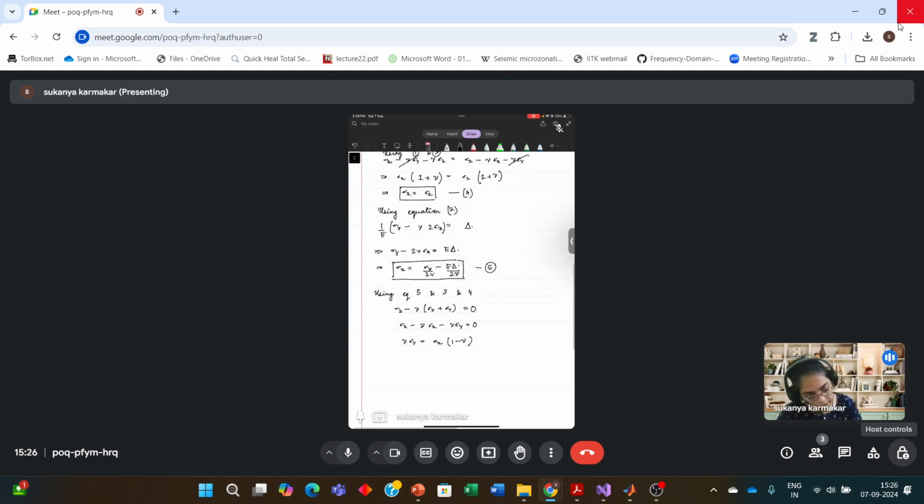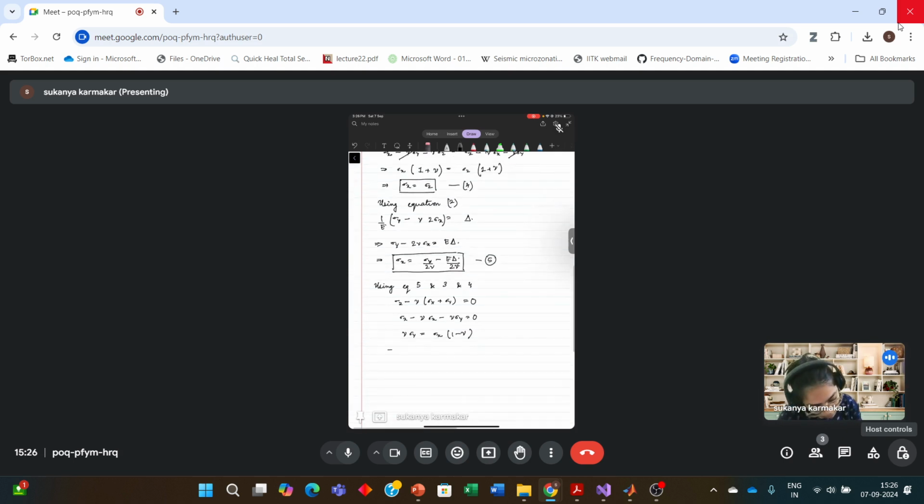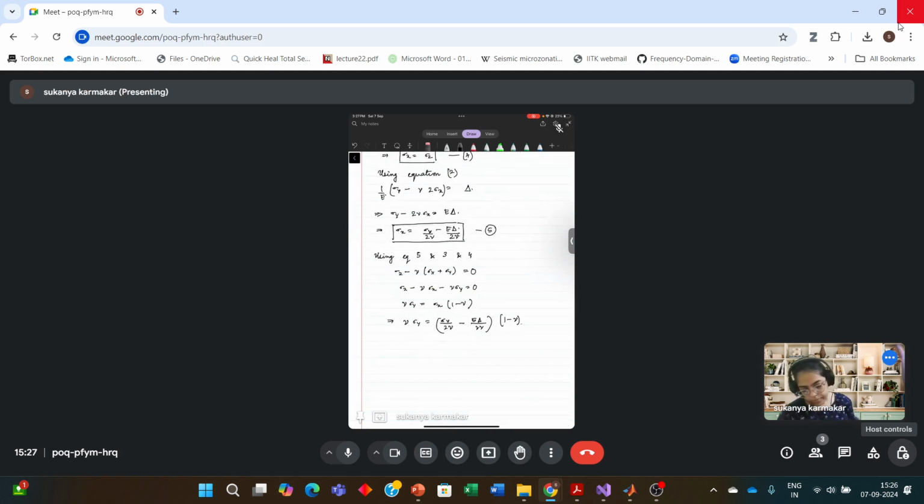Now for sigma x, I can substitute equation number 5. So nu times sigma y is equal to, using equation 5, sigma y divided by 2 nu minus E delta by 2 nu, this multiplied by 1 minus nu. Now from here you can solve for sigma y, right?